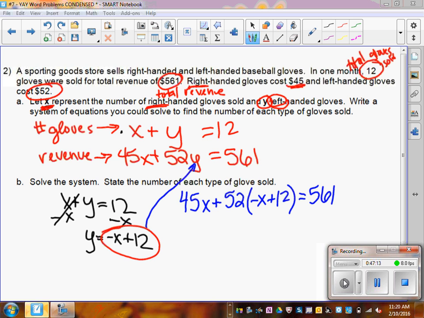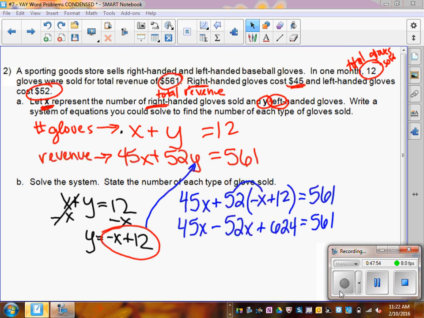We end up having to multiply big numbers anyways, that's alright. So I have 45x, we need to distribute, plus negative 52, so plus and negative is just minus 52x, plus 52 times 12, 520 plus 104, 624. All right, and then equals 561.